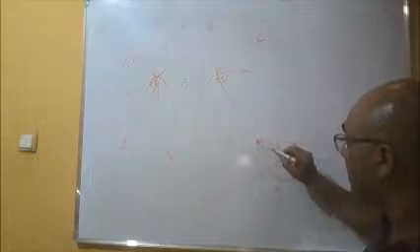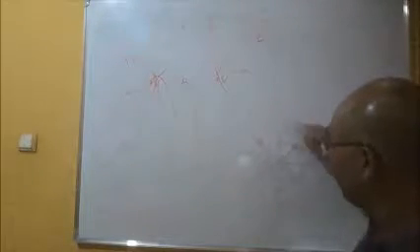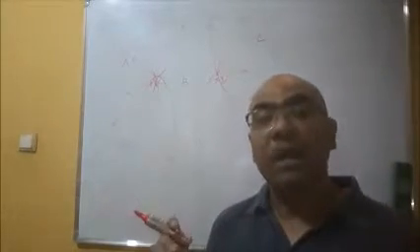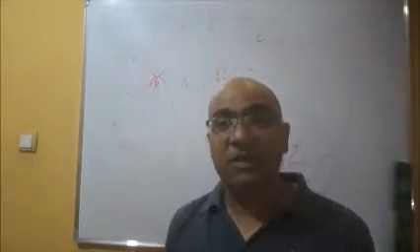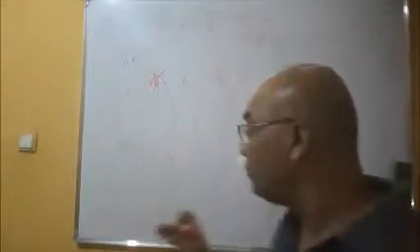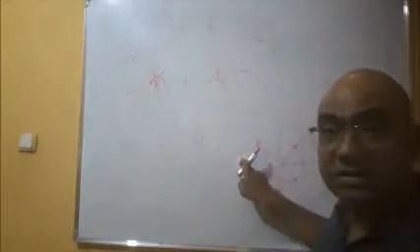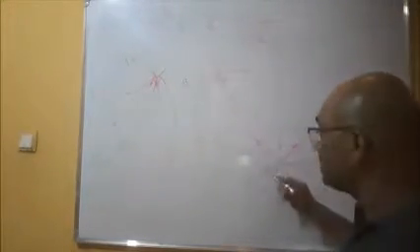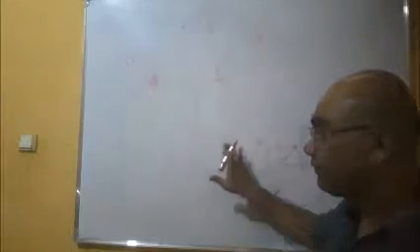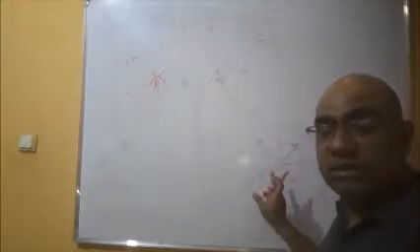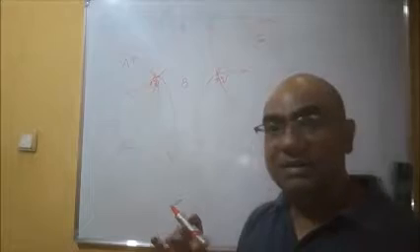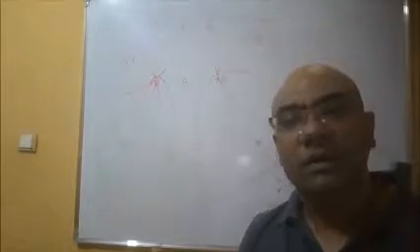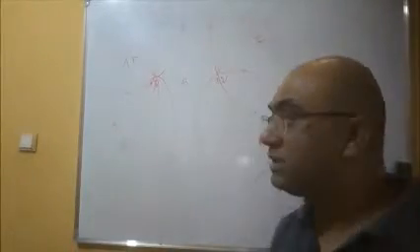If we increase the size of this circle, all the electric field lines are spreading, so after some distance the density will go less. Hence we can say that as we move away from this point charge, the electric field intensity, the value of the electric field, will go down.